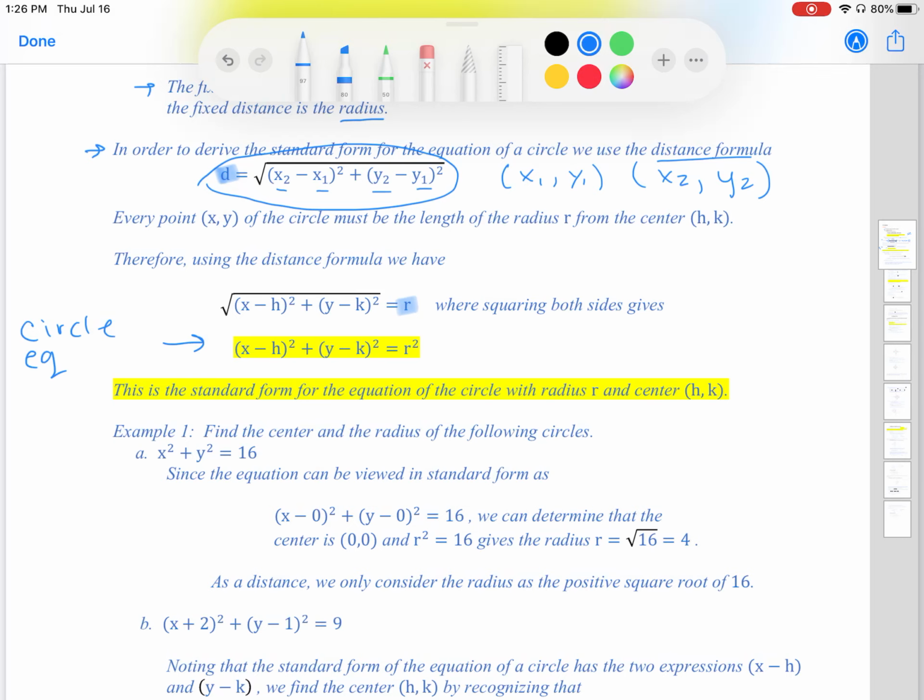The standard form of the equation of a circle with radius r and center h, k. If I can point out, notice our radius is r, but we're given r squared. So therefore, if we have r squared, we got to take the square root so that we can result in just r.